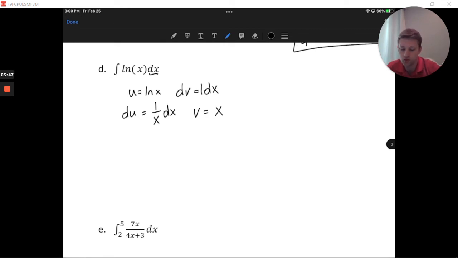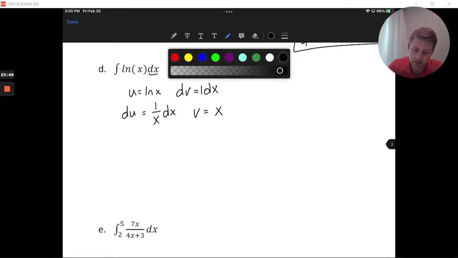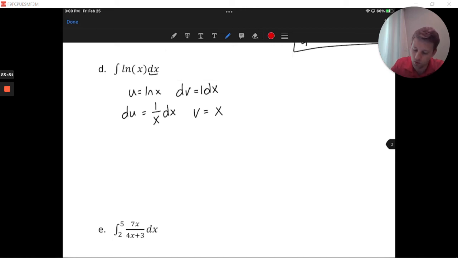Now we can follow through with our rule. So we're going to have the uv product minus the integral of v du. So let's get after that result.